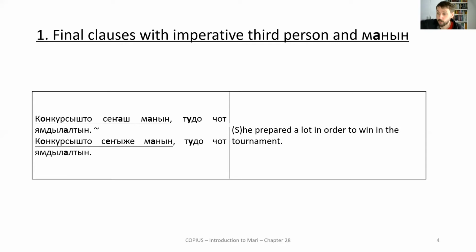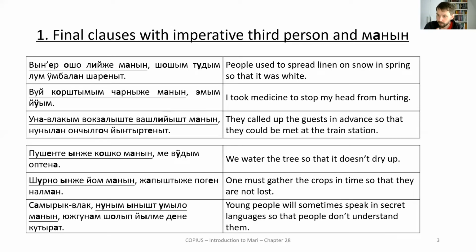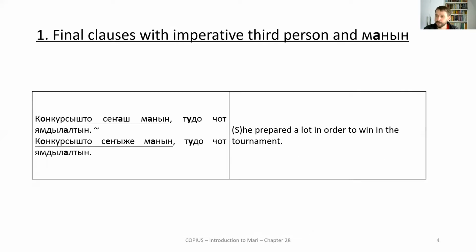She is doing that so that she will win in the competition. But in these sentences here, in most of these, the subjects of the two clauses are different. We poured water so that the tree doesn't dry up. So using the imperative here, it gives us this new tool with which we can mark different subjectness.